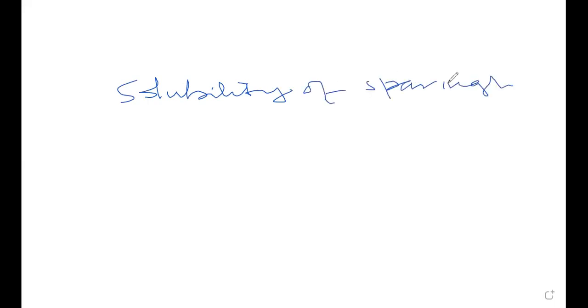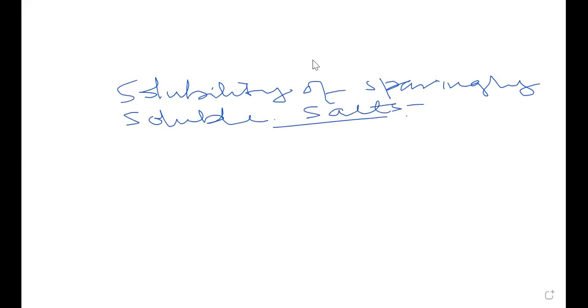In our previous lessons, we had begun looking at solubility of sparingly soluble salts. I remember that we had looked particularly at the following. We looked at the solubility product, Ksp.